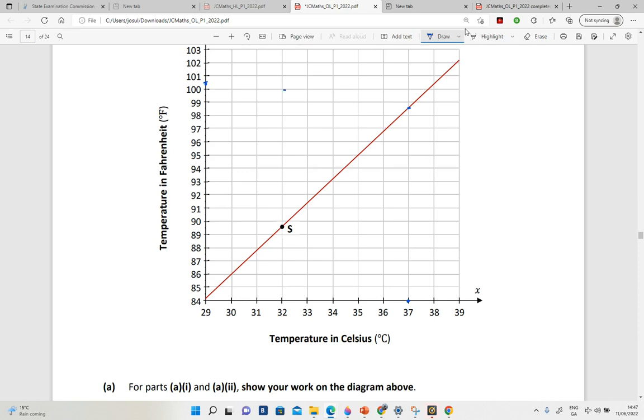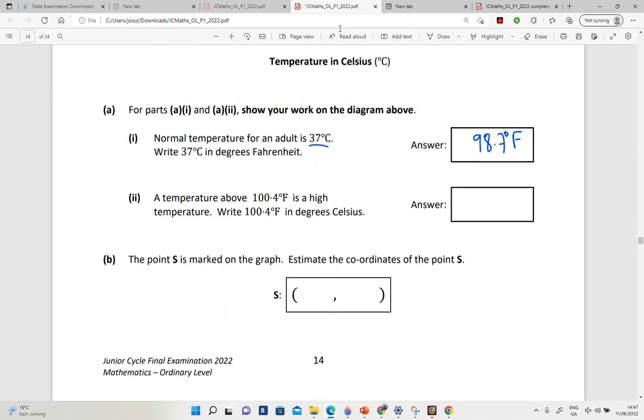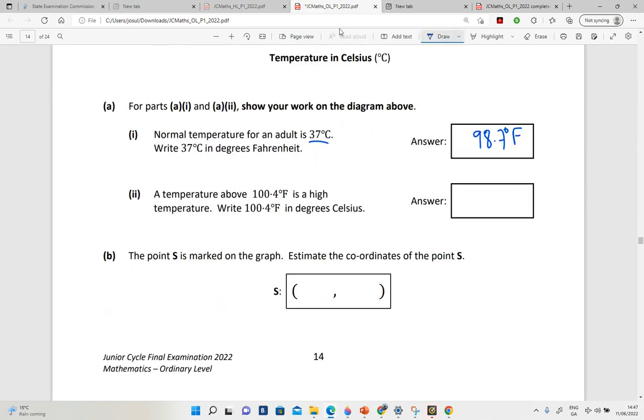So to bring that across here, you'll get a figure of about 38 in there. Okay, so 38 degrees C.